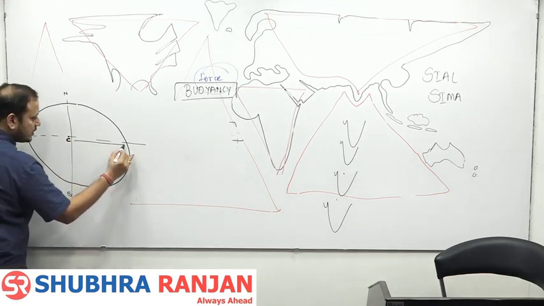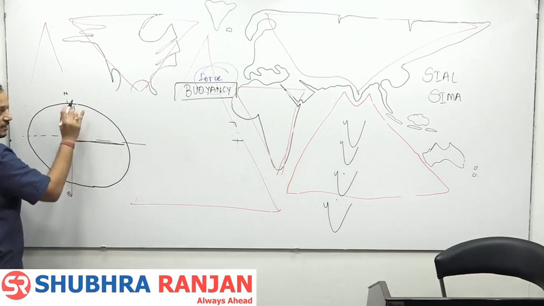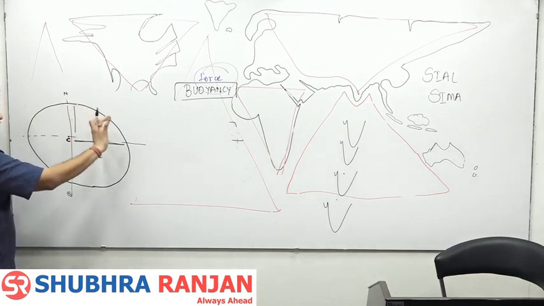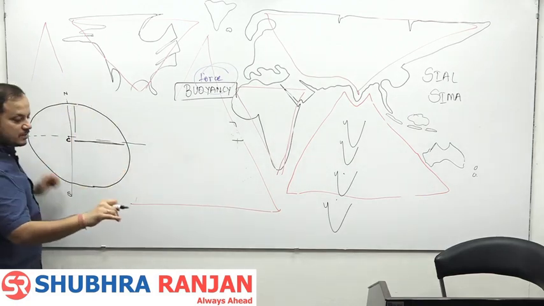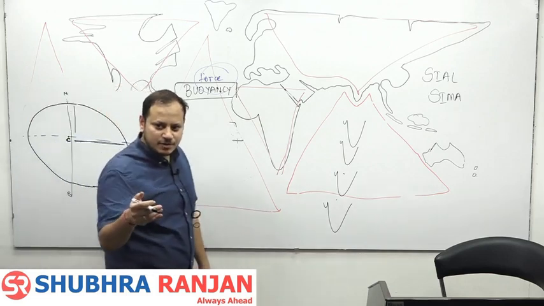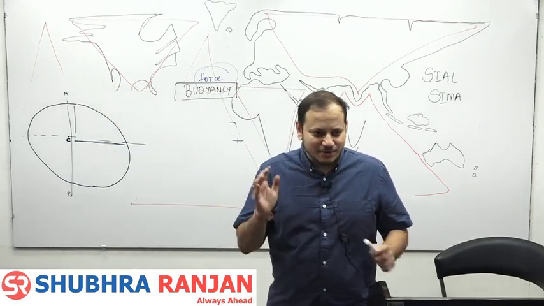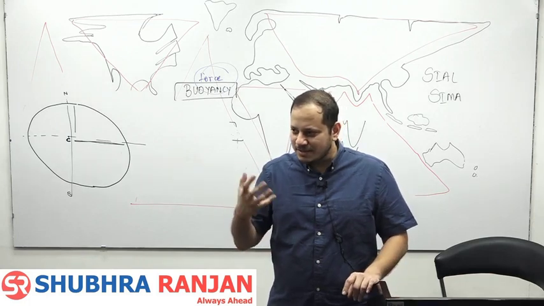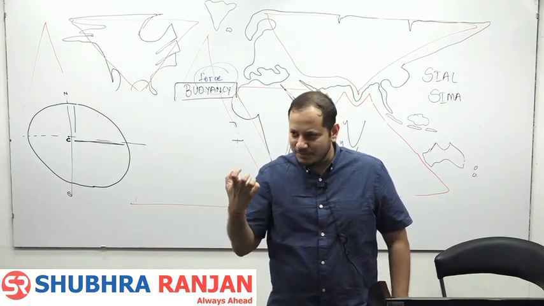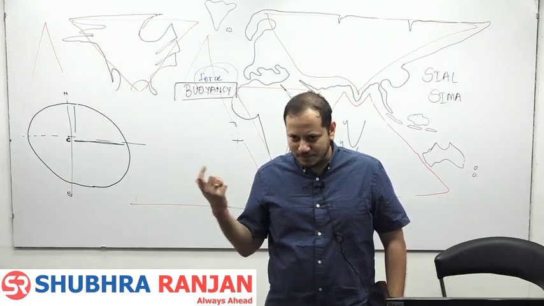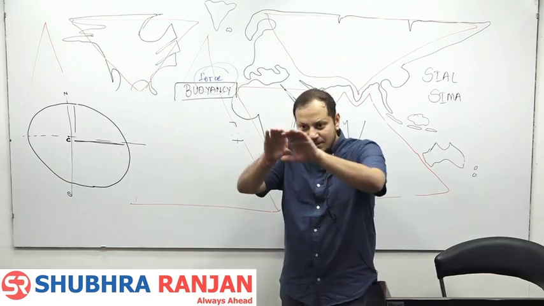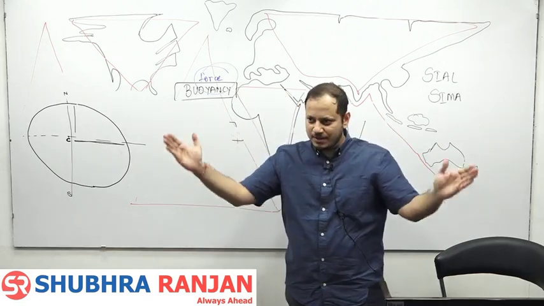This distance is greater than this distance. Can you understand this? Why? Because the earth is bulging. So because distance increases, gravitational force decreases. Gravity is attraction, and attraction always is based on the distance. The more the distance, the less the gravitational pull. Getting it? Because the earth is bulging. This is how the earth is.